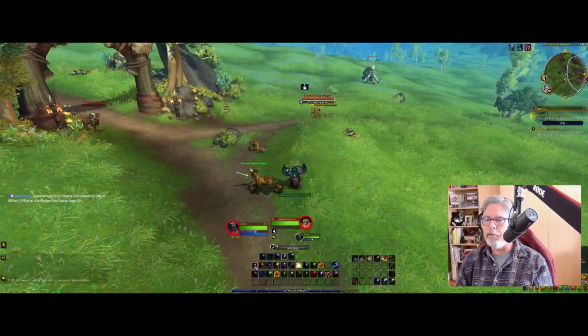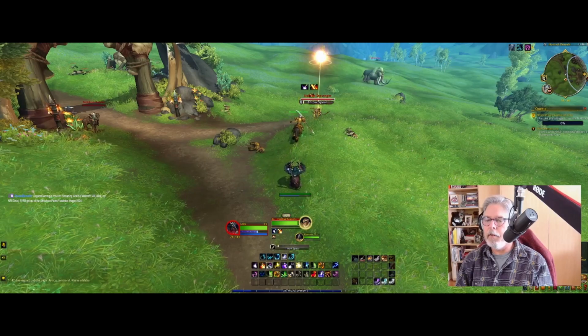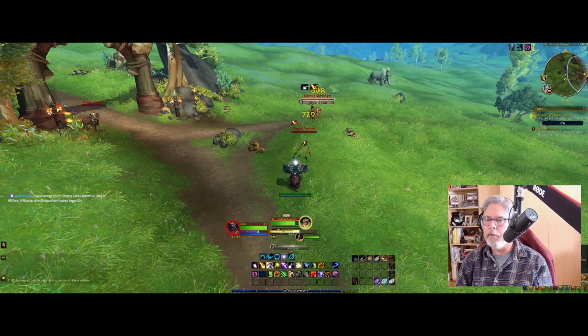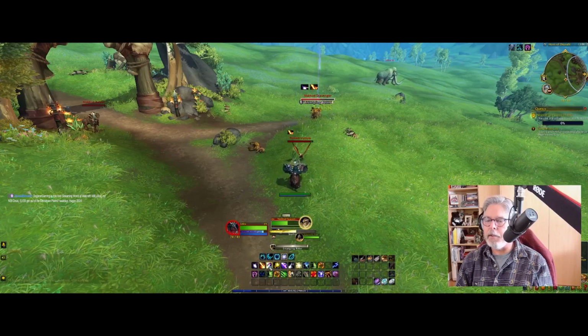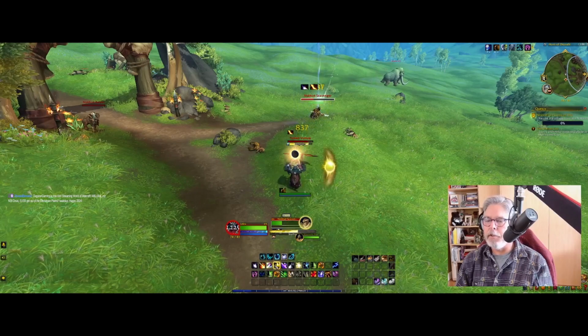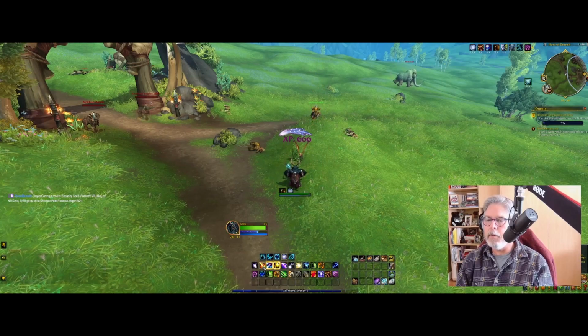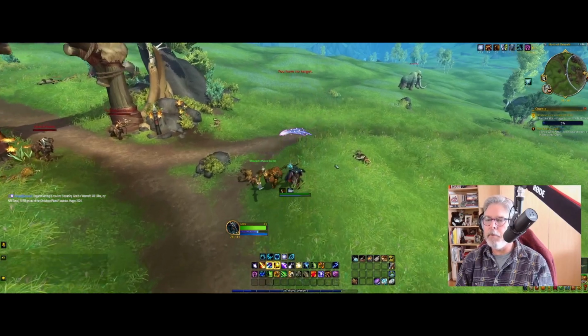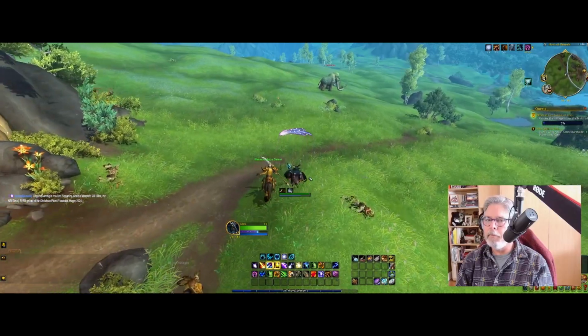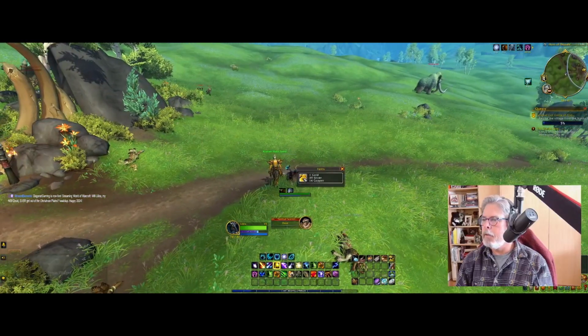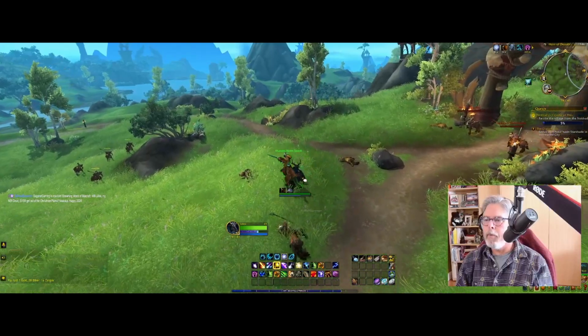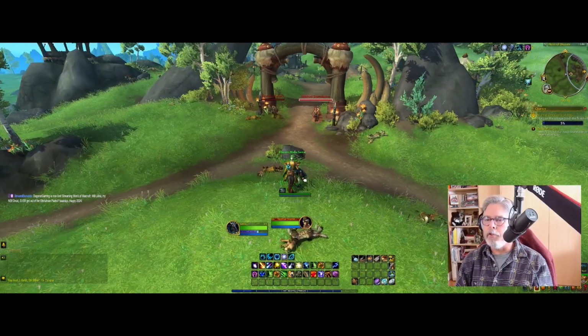Let's get rid of the scavenger that's coming towards us. I think the vulture just disappears if I get rid of the scavenger. Yep, see? Yay, I was right. There's 2 of these guys.